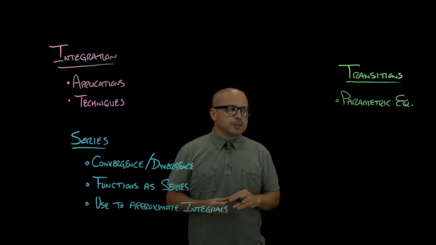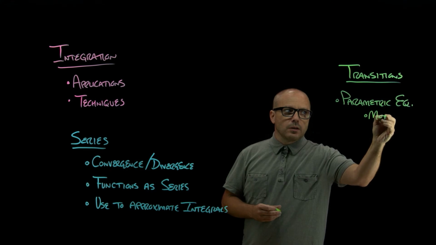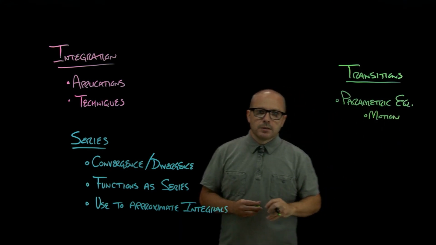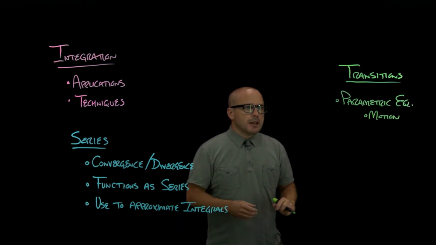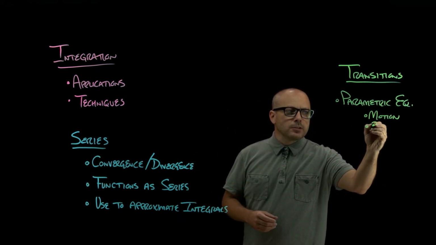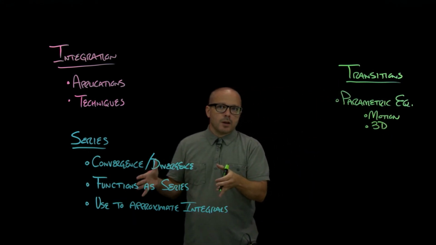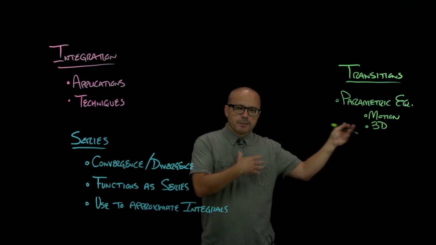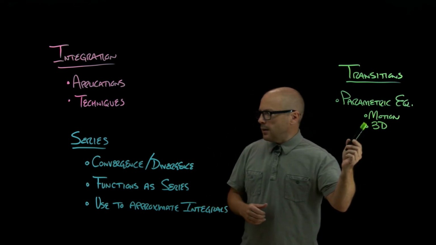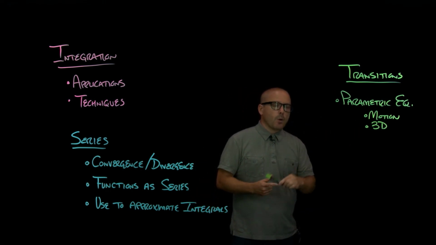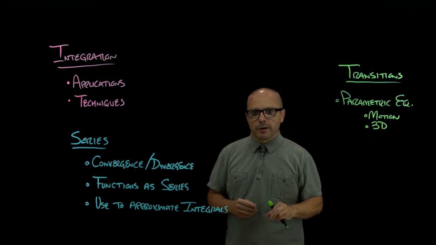And the nice thing about these parametric equations is they allow us to model motion, which is something we can't do with our good old Cartesian equations. They also allow us to move into 3 dimensions, which, remember, Calc 3 is really Calc 1 and 2, but in multi-dimension, 3, 4, 5 dimensions, more variables. So the idea of finding an equation in 3D is something that we'll be able to do in parametric equations.